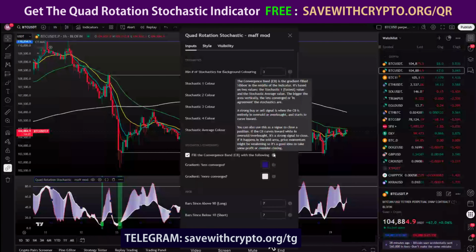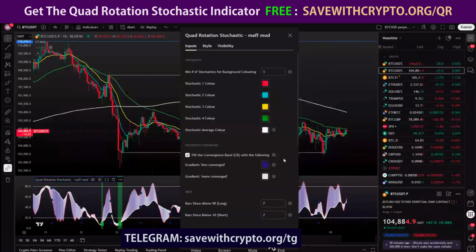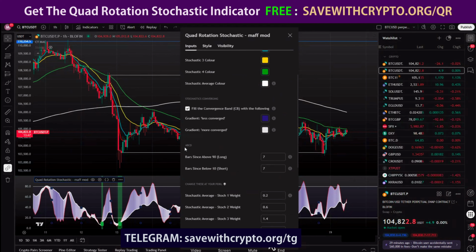It's going to close, and it's going to reverse maybe. So at least maybe think about taking some profit at that point, even if the position's kept open with a stop loss or whatever.